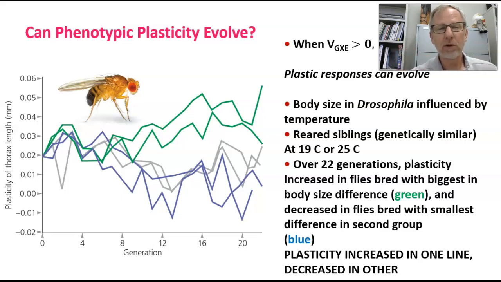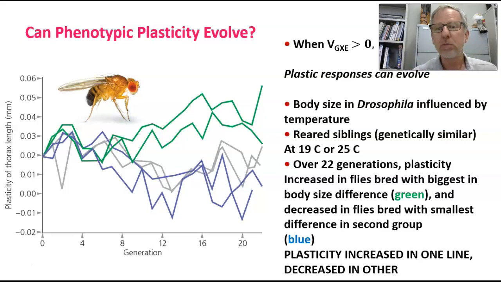And lo and behold, over 20 generations, the plasticity of the body size, as represented by the thorax size, did increase. The green line was going up. They also took flies that had the smallest differences in body size, the least phenotypic plasticity when raised at these different temperatures, and they bred those over 20 generations, and that's represented by the blue lines.